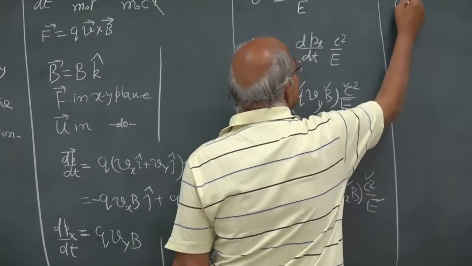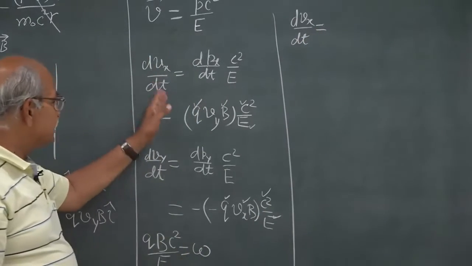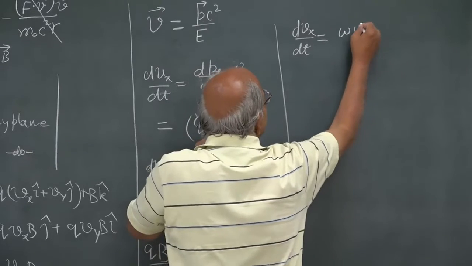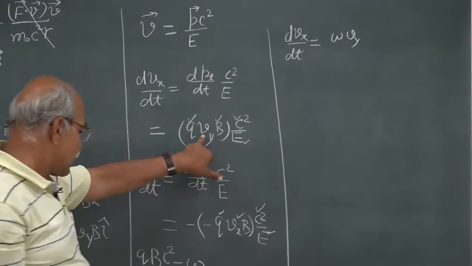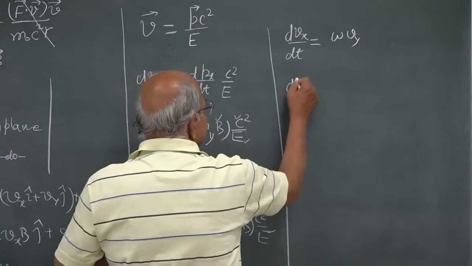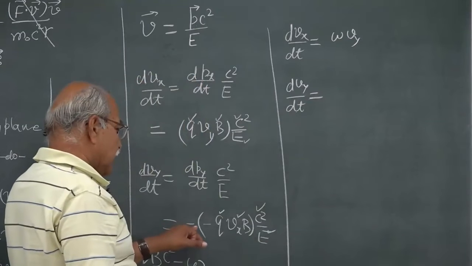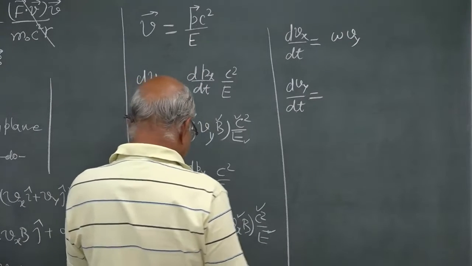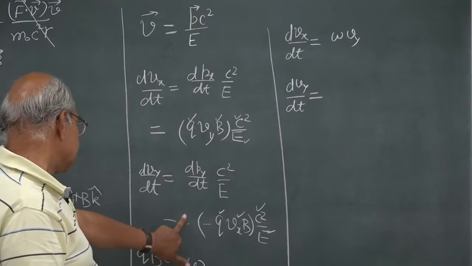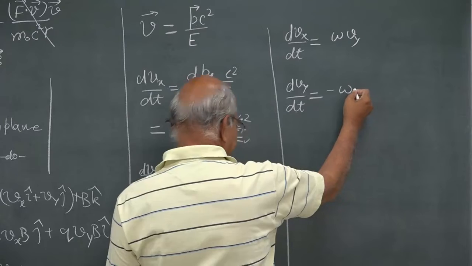Then I have dVx/dt equal to omega times Vy, and then dVy/dt is minus omega times Vx, since the double minus leaves just one minus in dPy/dt.